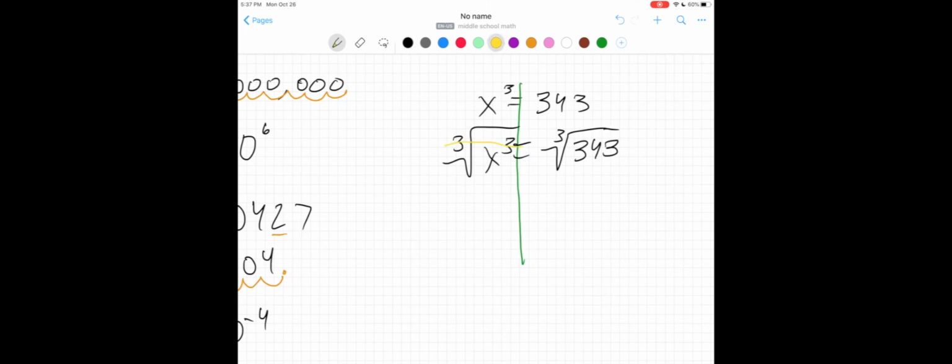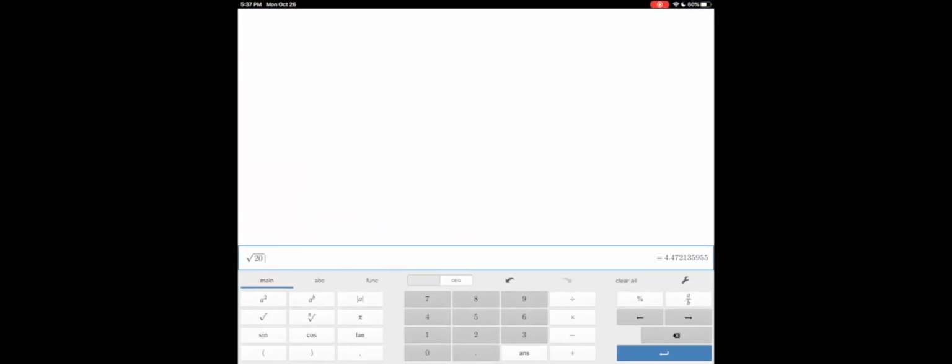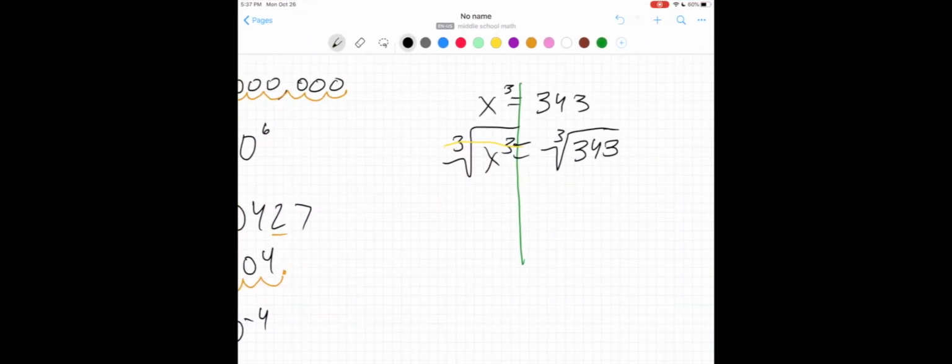That cancels out, and we're going to use our calculator to see what the cube root of 343 is. It equals 7. So we know the cube root of 343 is 7. It's not plus or minus 7 because you do not need the plus or minus for cube roots. So the answer is 7.